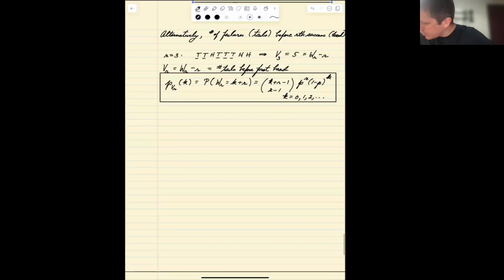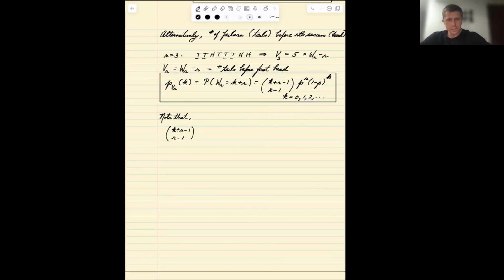Where does negative binomial come from in the name? Well, one way to think about it is like this. We have this binomial component in the mass function.